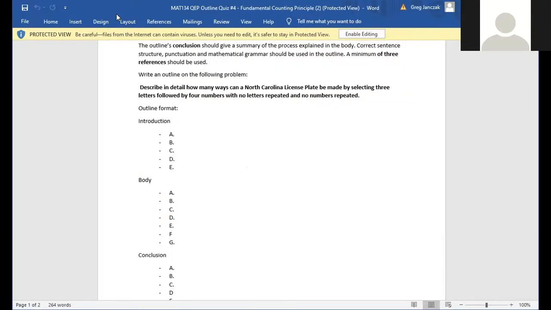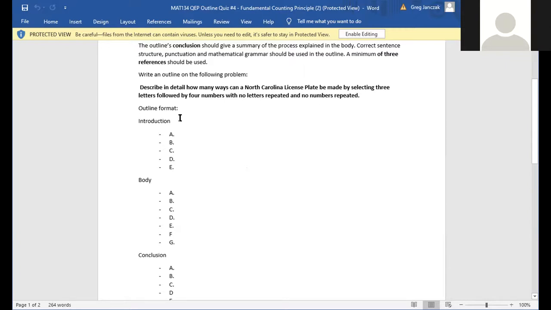So, like, okay, the problem is: describe in detail how many ways a North Carolina license plate can be made, selecting 3 letters followed by 4 numbers, with no letters repeated and no numbers repeated.